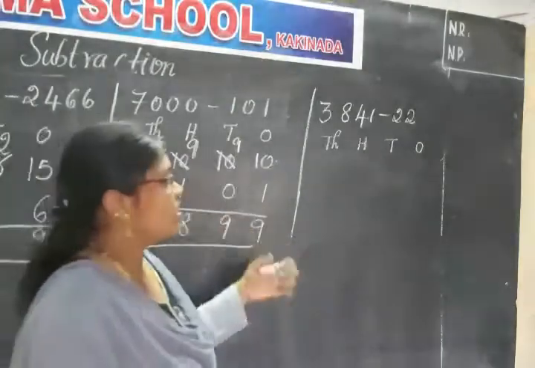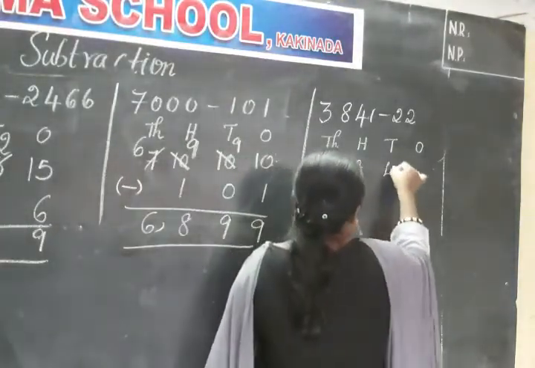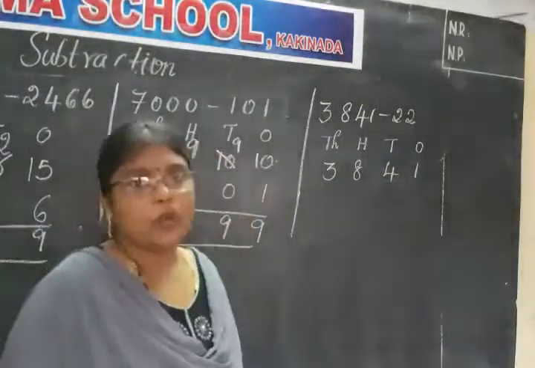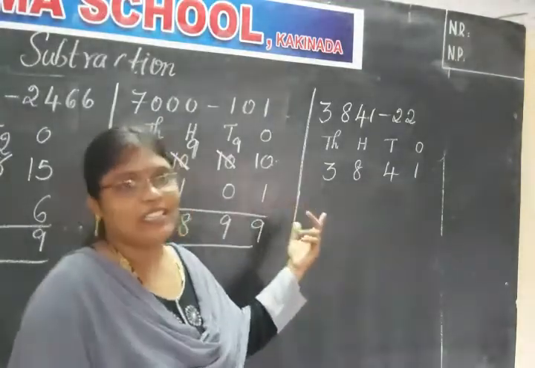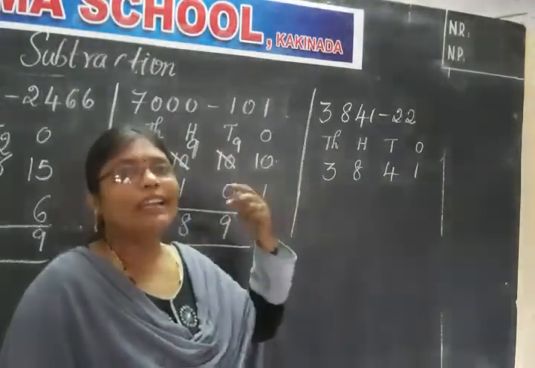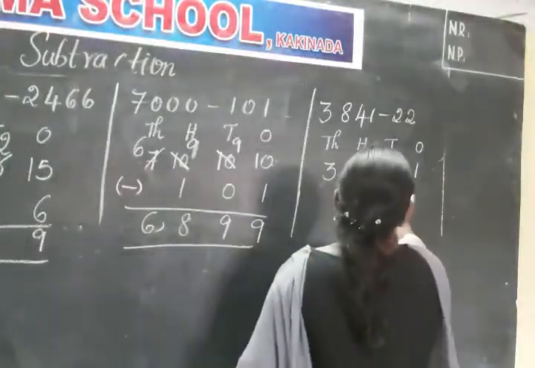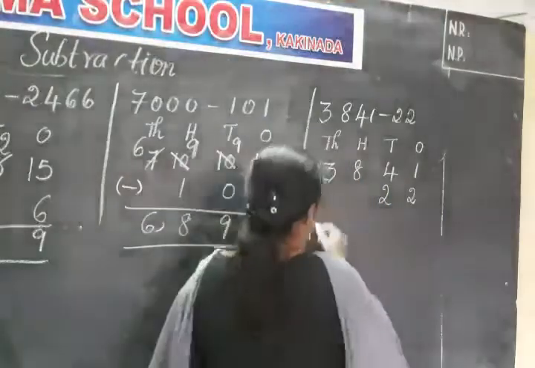It has 4 digits, so you can happily write from here. But next we have 22. That is only a 2-digit number. That means there are only 2 digits, ones and tens. So you have to start from the tens place, or you can start right from this side.